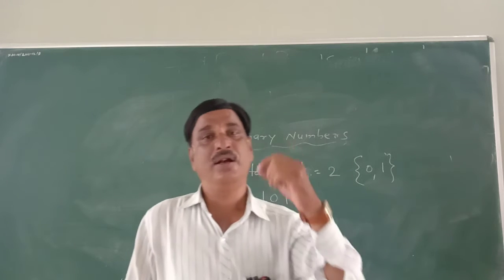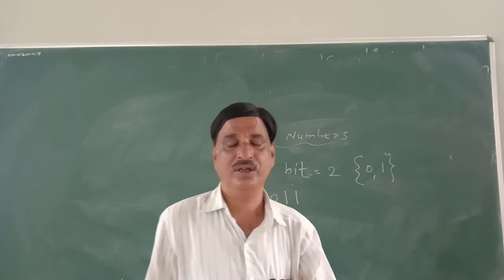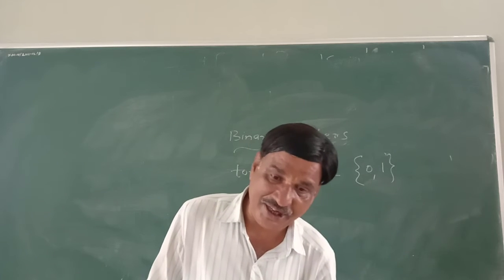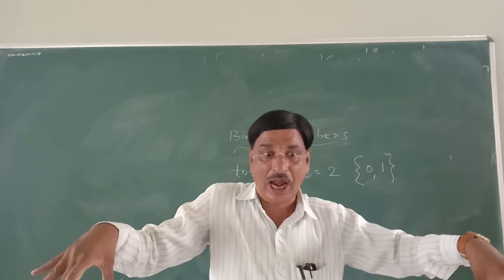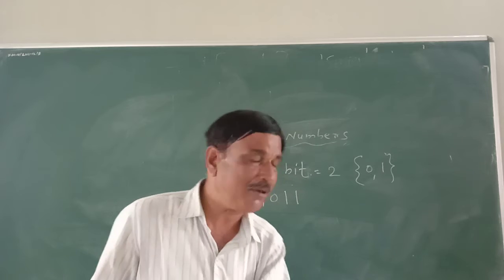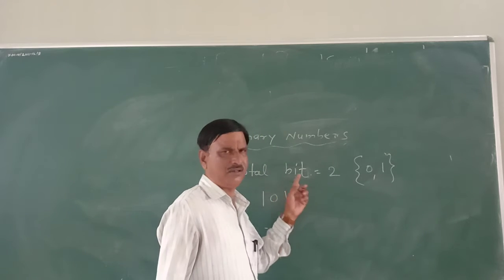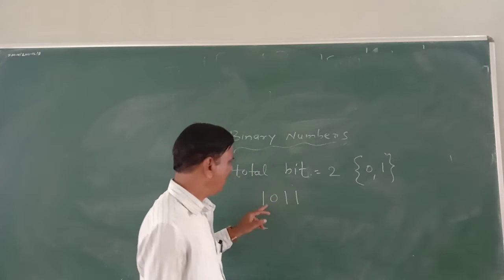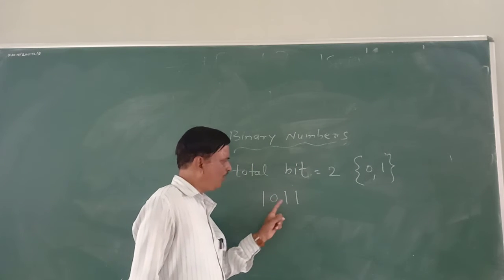As in decimal numbers there are 10 digits, any number is created using those 10 digits, and every digit has a power of ten. In the binary number system, total bits, that is total digits, are only 2: 0 and 1. And look at this number 1 0 1 1.